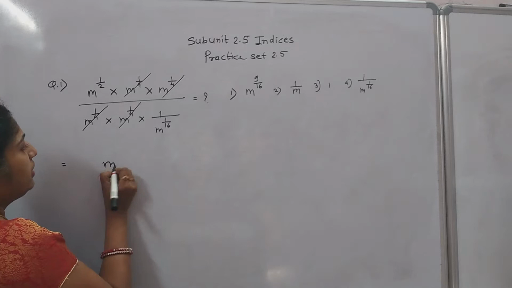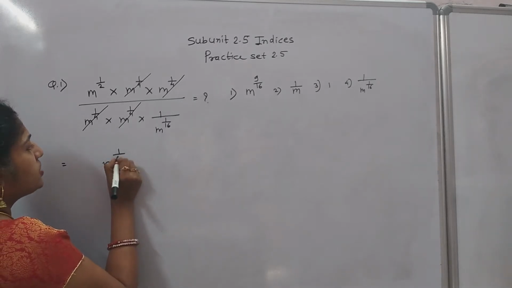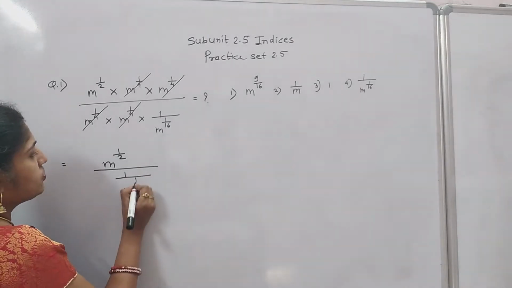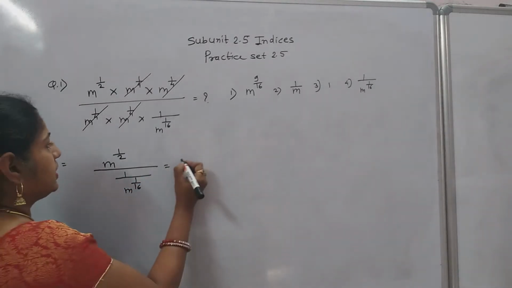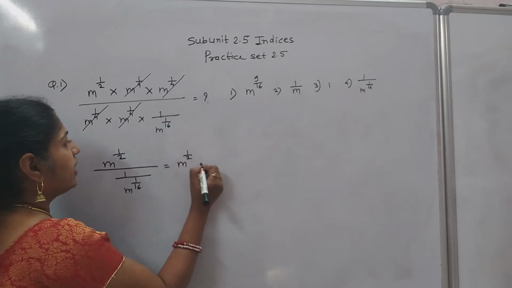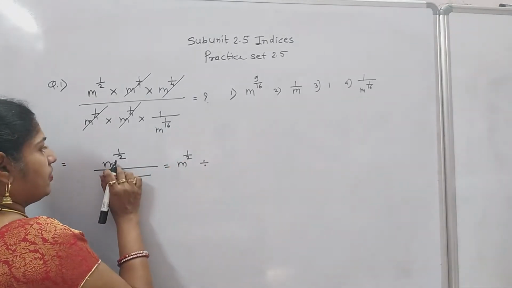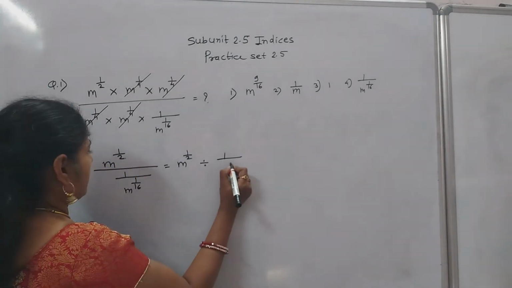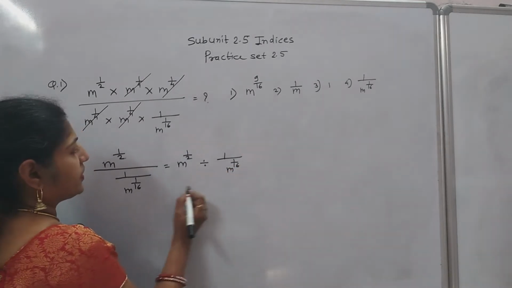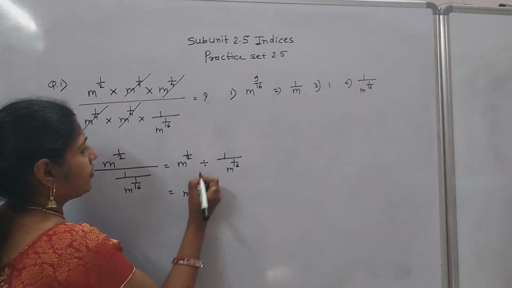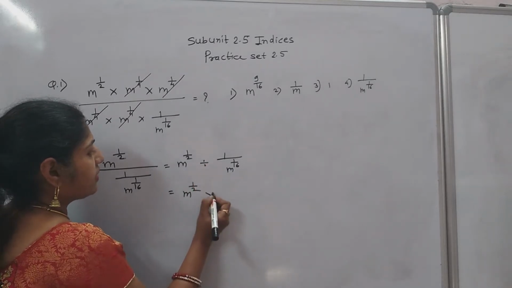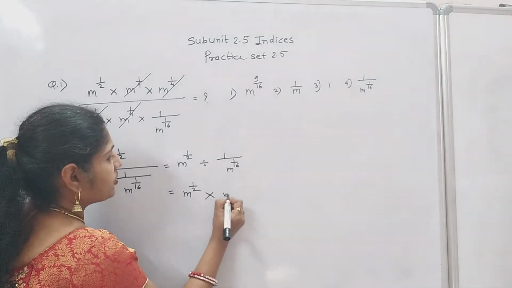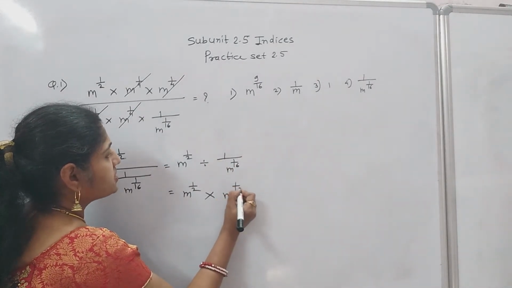So at the numerator there is m raised to 1 half, divided by 1 upon m raised to 1 upon 16. This division sign, take the multiplication sign, so take the reciprocal of this one. So reciprocal is m raised to 1 upon 16.